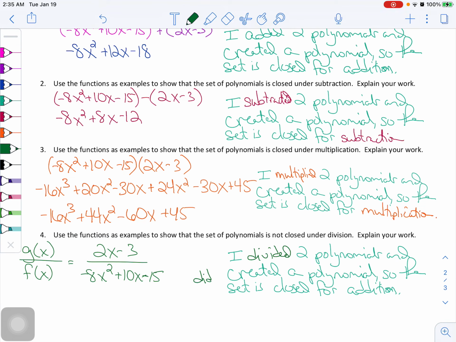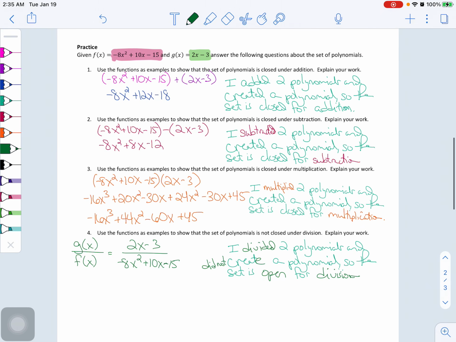And did not create a polynomial. So the set is open for addition, not addition, whoops, for division. I forgot to take that word out. Division.